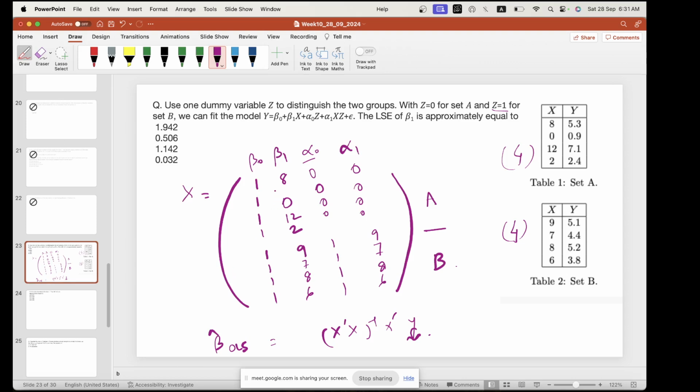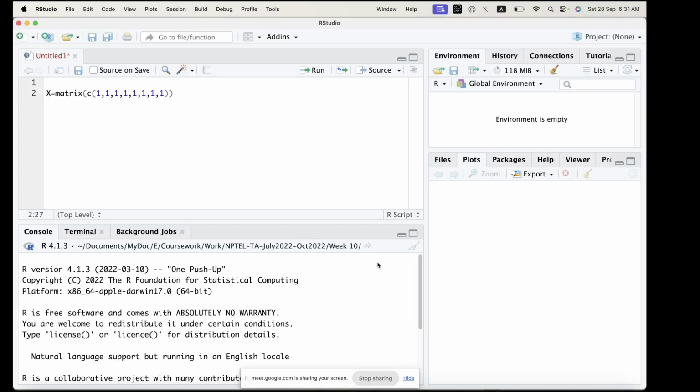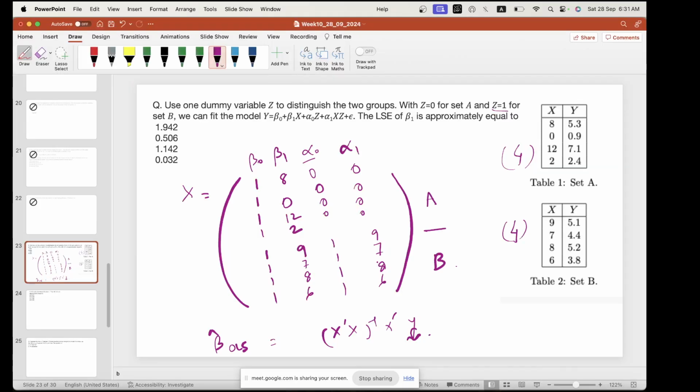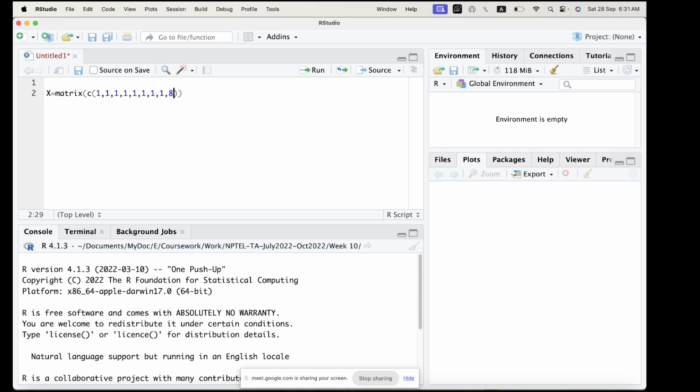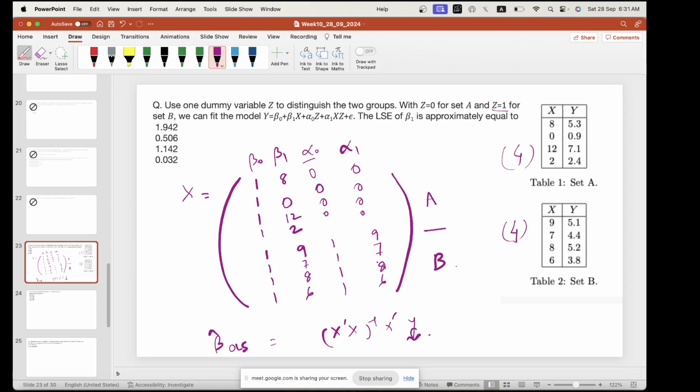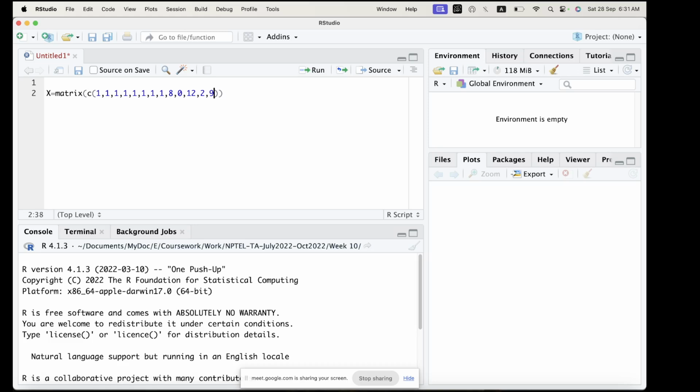I am filling column wise. Then I have 8, 0, 12, 2, again 9, 7, 8, 6. Okay, so this is column 2.